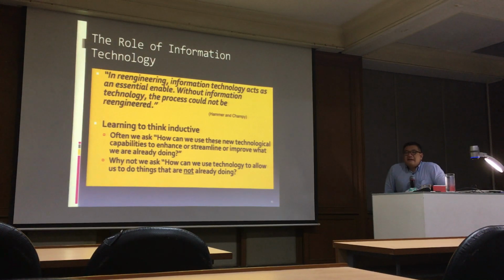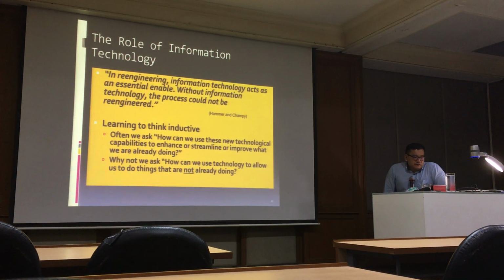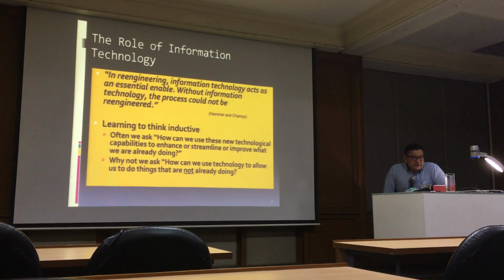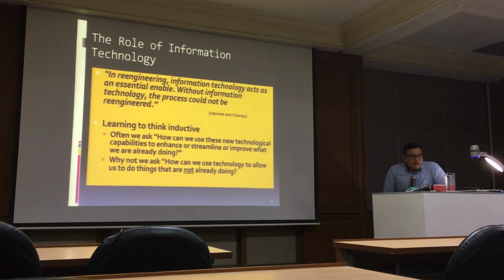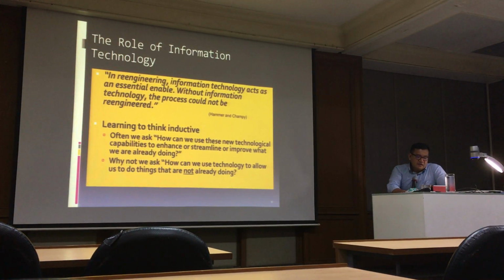You might think, okay, it means we need to use IT, yes, but the concept of using IT in re-engineering is different from improvement. In improvement, you think about how we can use the new technology to enhance or improve what we are already doing. But for re-engineering, why not think about how we can use the technology to allow us to do things that we are not already doing? So, in different ways.